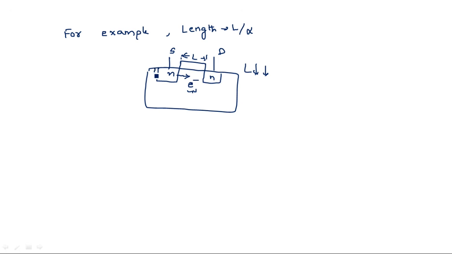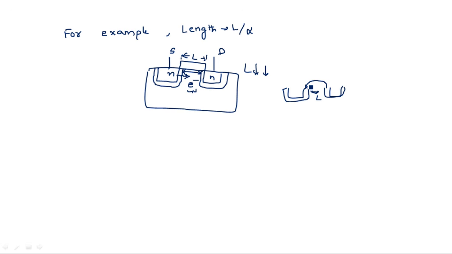Another problem is, when a p-type and n-type are connected together, there exists a depletion layer between them. Definitely there should be a minimum gap between these two, to avoid the depletion regions merging. Suppose the n-type region is here, and this is the depletion region. If you reduce the length L, what happens?